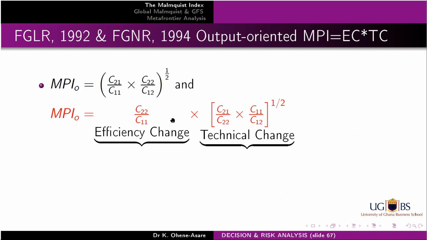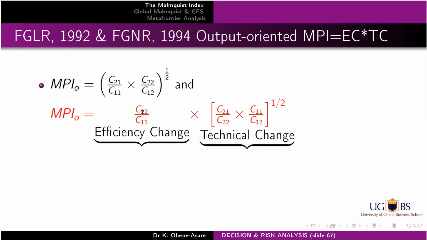The C means we are estimating everything relative to the CRS frontier. A constant returns to scale Malmquist was developed by Fare, Grosskopf, Lindgren, and Roos. And in this very definition, everything being estimated was estimated relative to the CRS frontier.